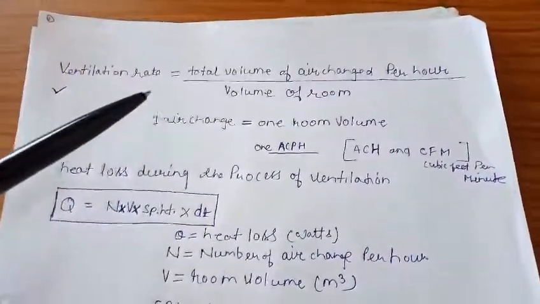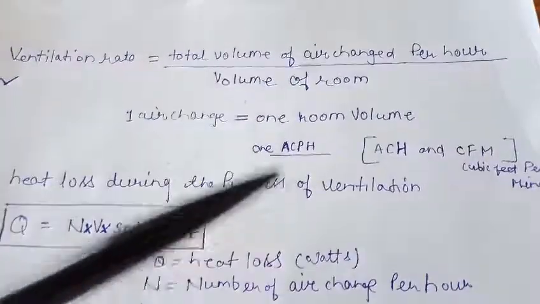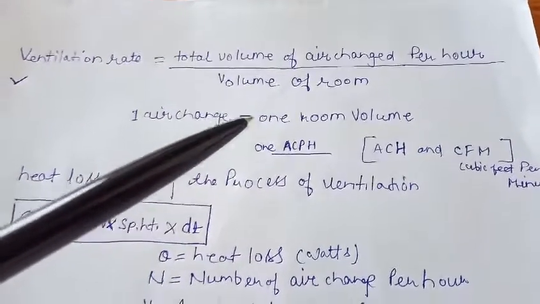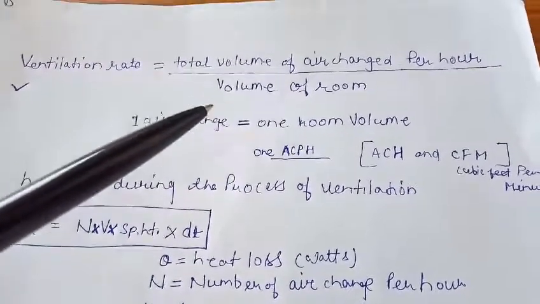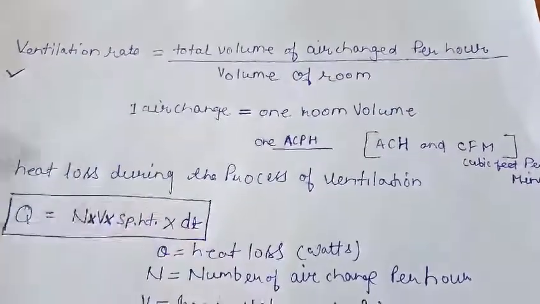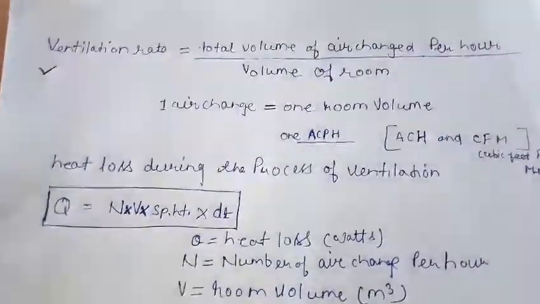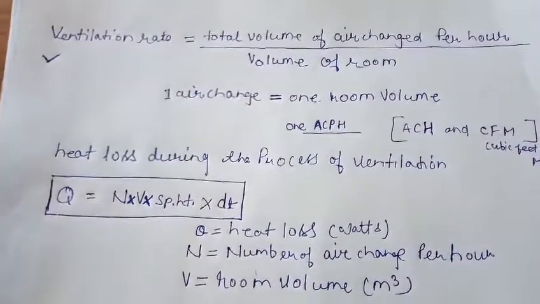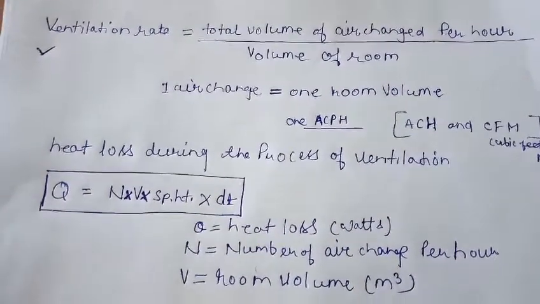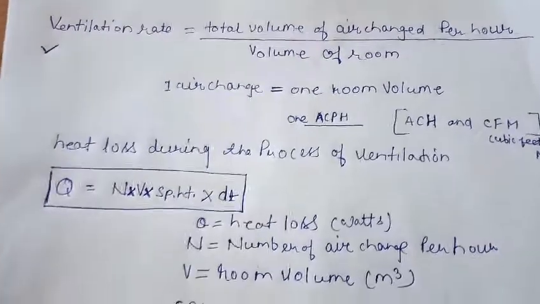In this formula, ventilation rate is the total volume of air changed per hour divided by the volume of the room. So if we know the total volume of air changed per hour and the volume of the room, then we can find out the air change in the room, or it becomes the ventilation rate.